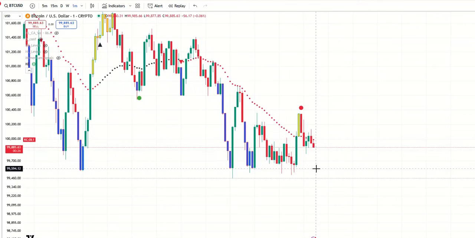Try to remember a few important points. There are two circles, a green and a red. Green is an early understanding, or an early probability, that the momentum is shifting towards the CE side.